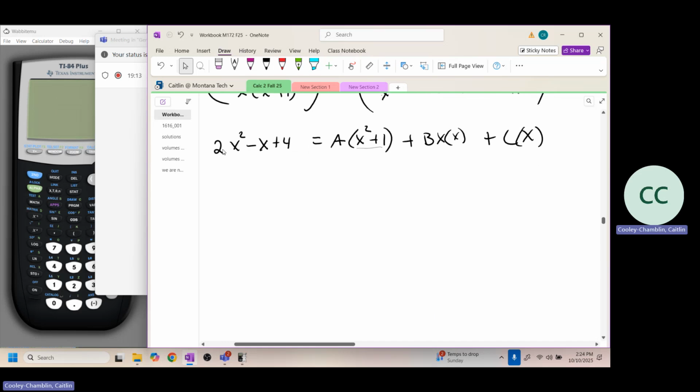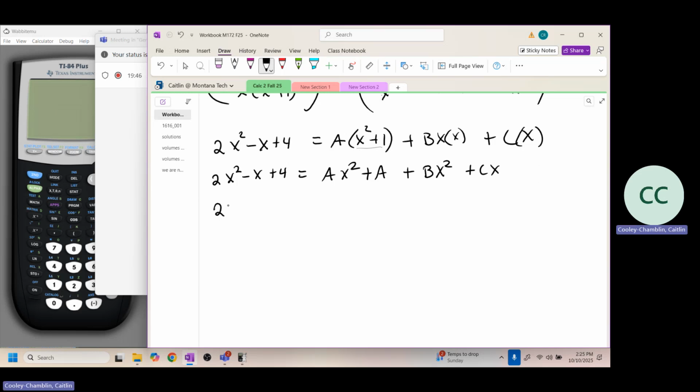So solving this, I want it to look like something x squared, minus x, something times x plus something. So I got to rearrange that right-hand side. So I have 2x squared minus x plus 4 equals. I'm going to multiply this out and rearrange it after that. So I have Ax squared plus A plus Bx squared plus Cx. All right, rearranging these, 2x squared minus x plus 4.